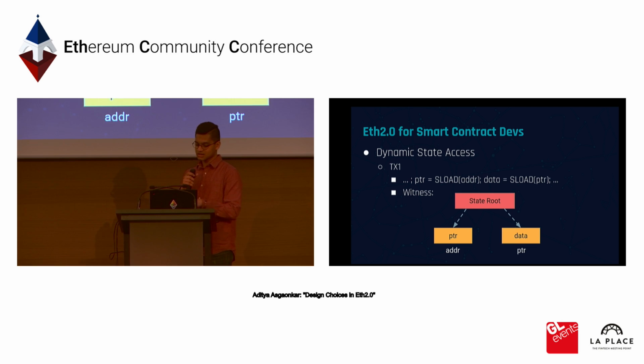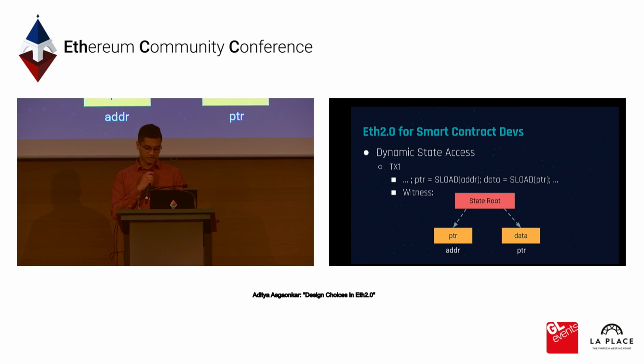So if that's the transaction, the witness data should be the Merkle branch which links the state root to the storage location at ADDR, which is the pointer, and it must also provide the Merkle branch to the storage location at pointer, which contains the data that you want to load.